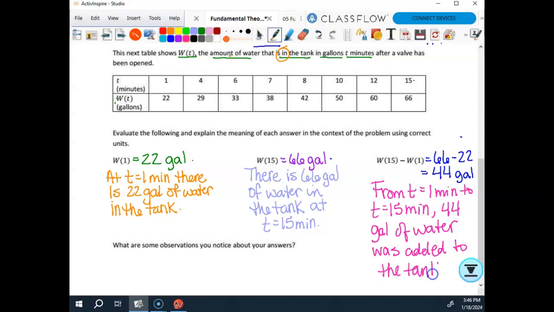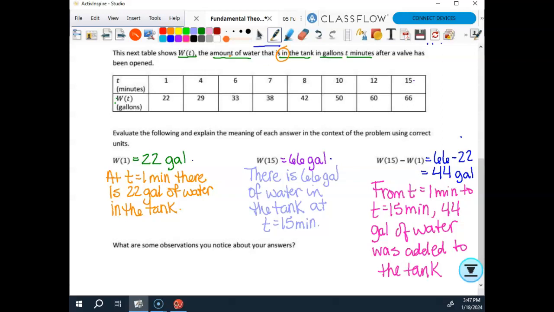And again, there's different ways to word that, but something to the effect of the amount of water changed by an additional 44 gallons, or increased by 44 gallons. That might have been a good way to say it. From t equals 1 minute to t equals 15 minutes, the amount of water in the tank increased by 44 gallons. That's totally fine. Or we could actually say flowed into the tank, because that's what we knew happened, right? That's what was happening there.